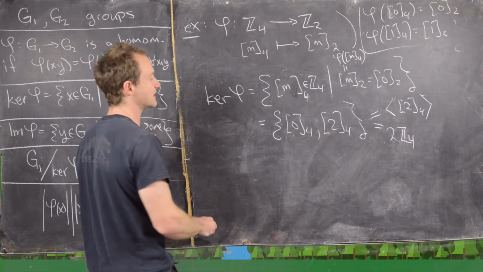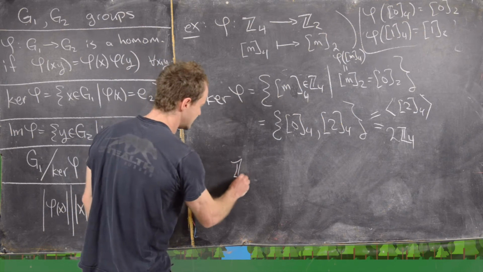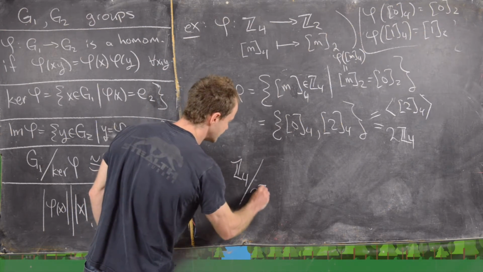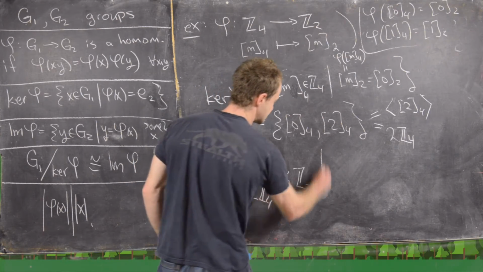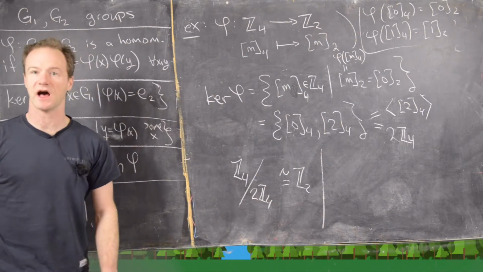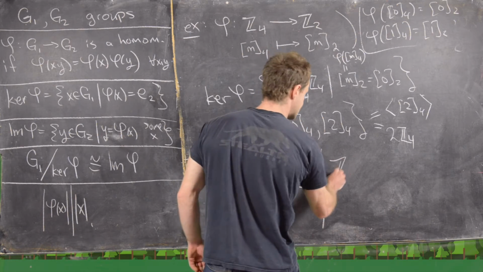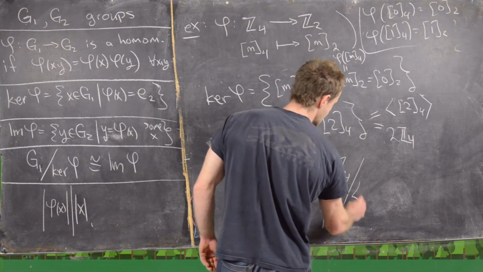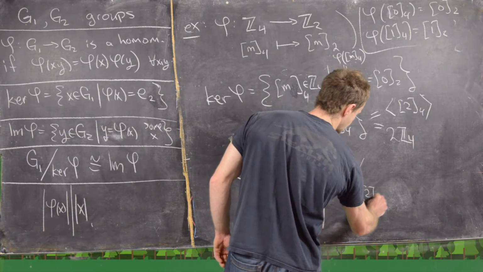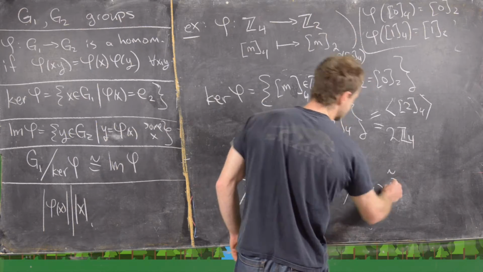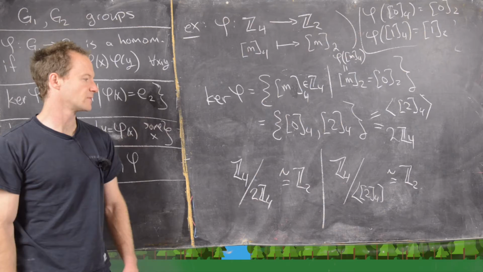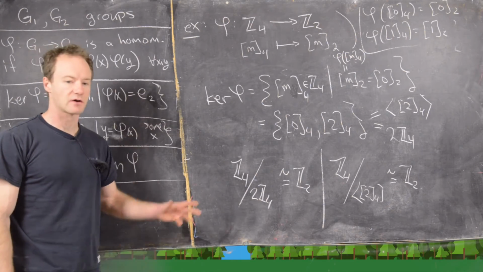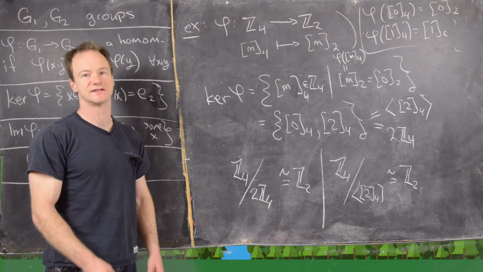But now, applying the first isomorphism theorem, we see that Z4 mod 2Z4 is in fact isomorphic to Z2, or we could write that with this other notation as Z4 mod the cyclic subgroup generated by this equivalence class is isomorphic to Z2. Okay, good. So I'll clean up the board and then we'll get on to our next example.